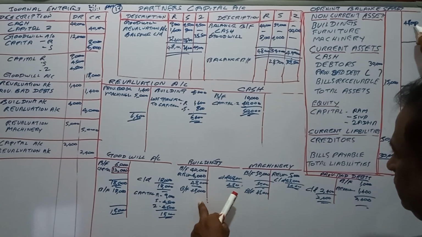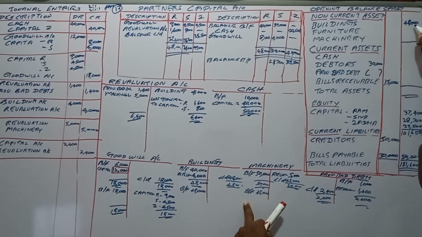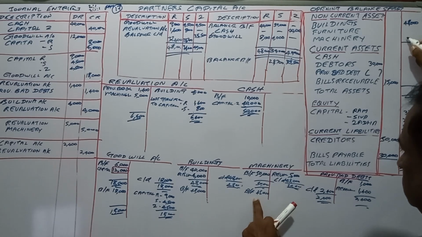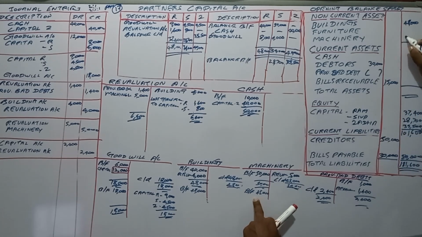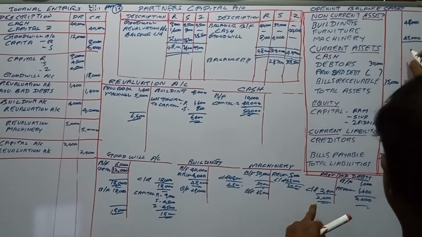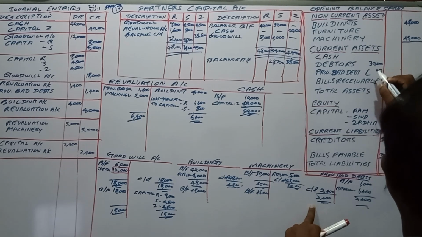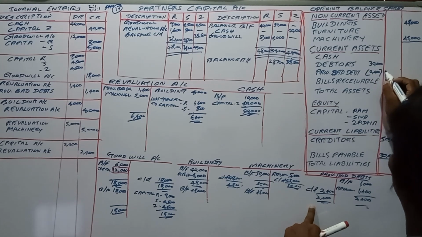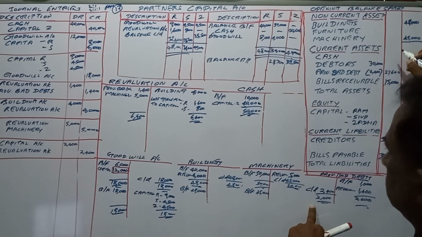Furniture or machinery? Machinery 45,000. Provision for depreciation 2,400. Then 27,600. Right?